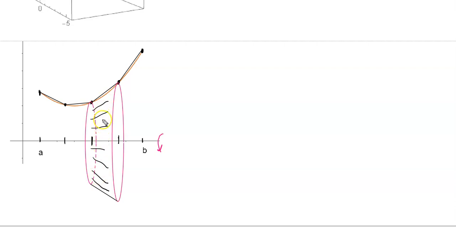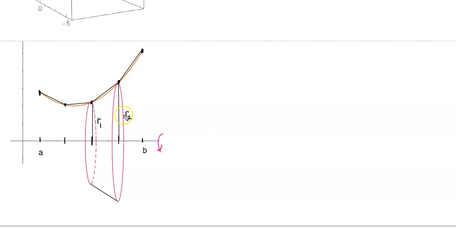To do that, let's label a few things on this frustum. First of all, let's note the radii of the two ends. Let's call this radius right here R2, and this one over here R1.